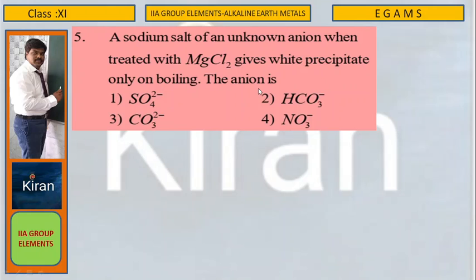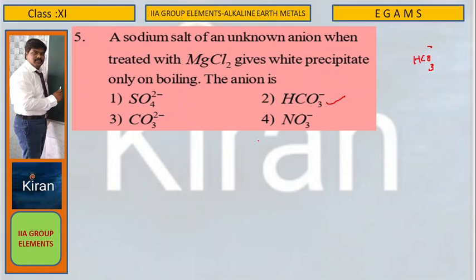The anion is bicarbonate. The option is this one. Once again I am reading the question. A sodium salt of an unknown anion, the anion means minus charge, treated with magnesium chloride gives a white precipitate.